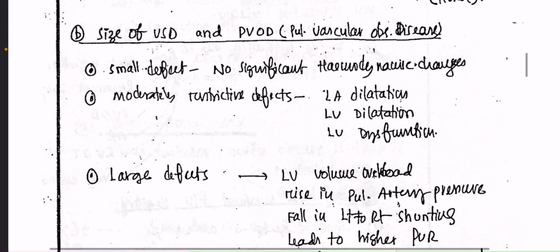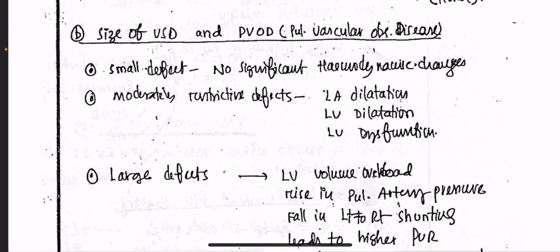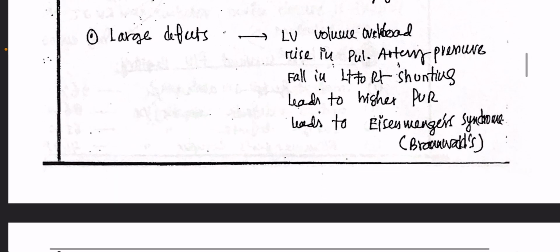Now, size of VSD and pulmonary vascular obstructive disease: small defect, no significant hemodynamic changes. Moderately restrictive defects: LA dilatation, LV dilatation, LV dysfunction. In large defects, LV volume overload, rise in pulmonary arterial pressure, fall in left to right shunting, leads to higher pulmonary vascular resistance, leads to Eisenmenger syndrome.